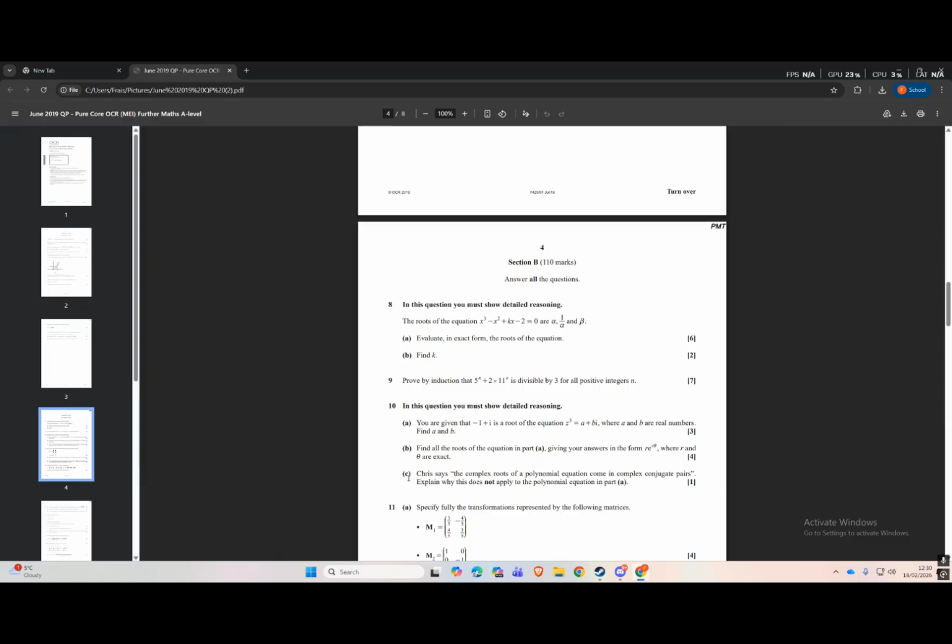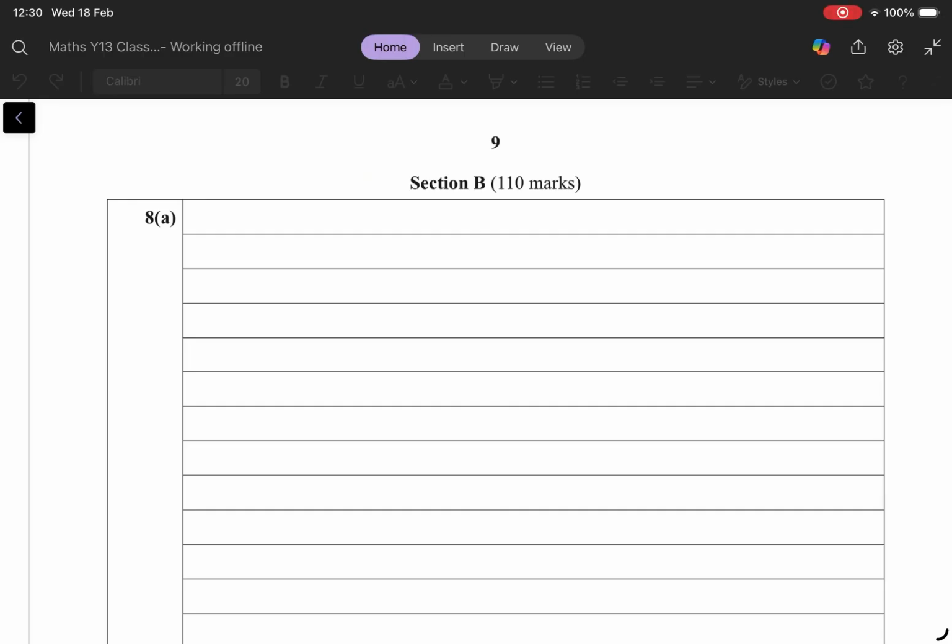Well, not apparently, it is 110 marks, which is about triple the amount of marks of section A. So we might need to split this into a few more parts of one, because it's going to take a while, and obviously I don't want massive recording files saved on my computer. So we'll just rip the band-aid off, get straight into this.